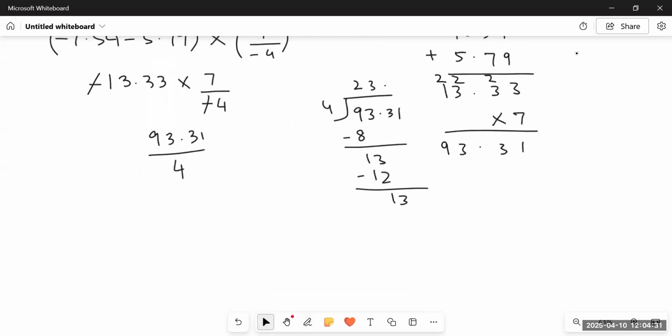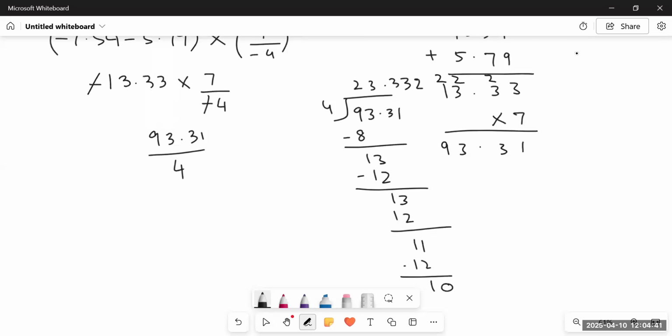Again, 4 threes are 12. Again, 4 threes are 12. Put a 0. 4 twos are 8. And 4 fives are 10. So the final answer would be 23.3275.